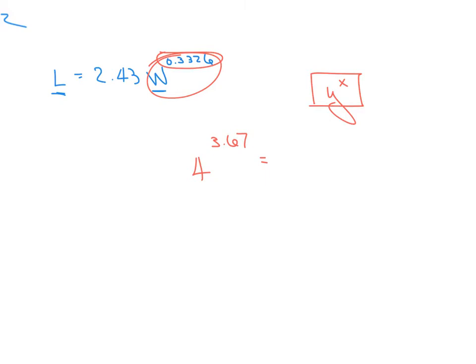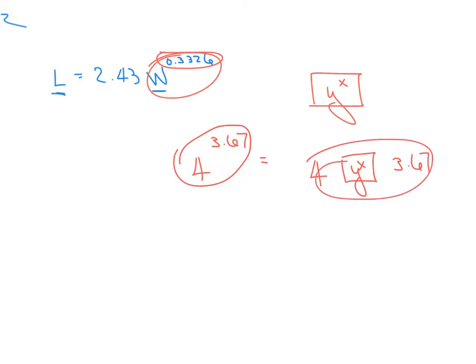If you want to find 4 to the 3.67 power, you push 4, then you hit this key, and then you hit 3.67, and that will give you 4 to the 3.67 power, which is 162.017 if you want to try it out on a calculator. So that's all I really wanted to show you there.